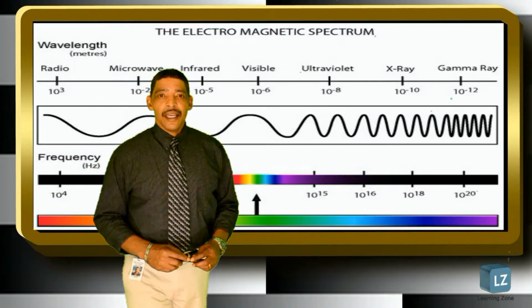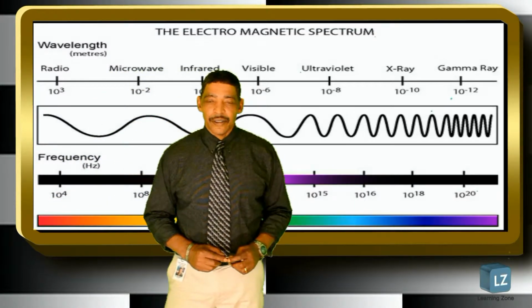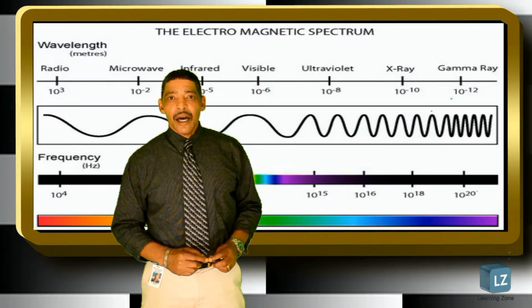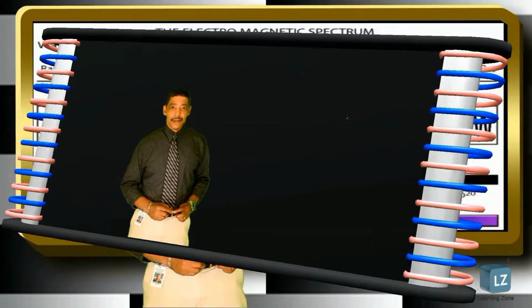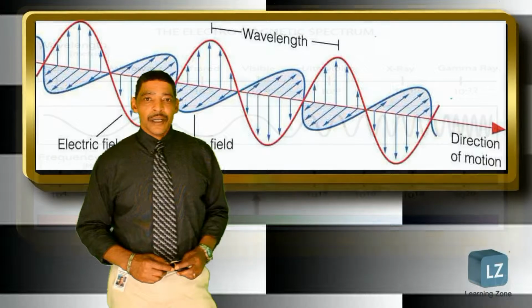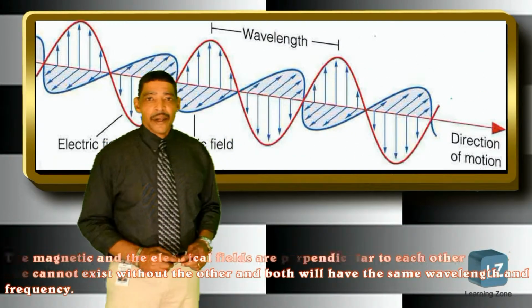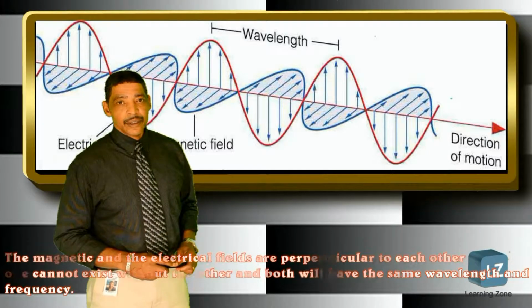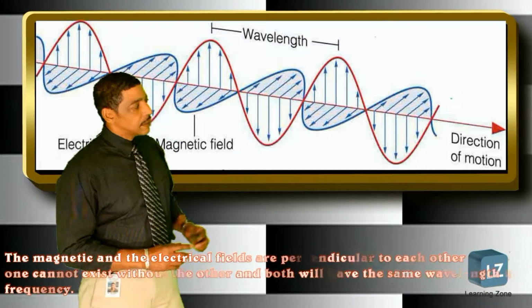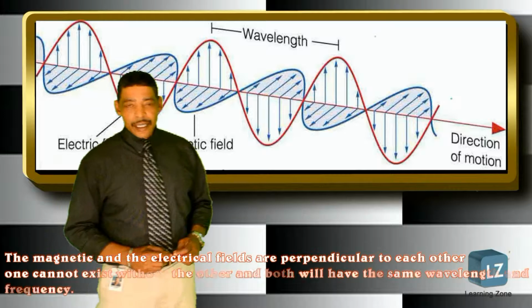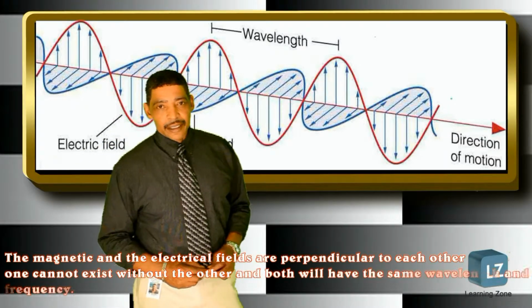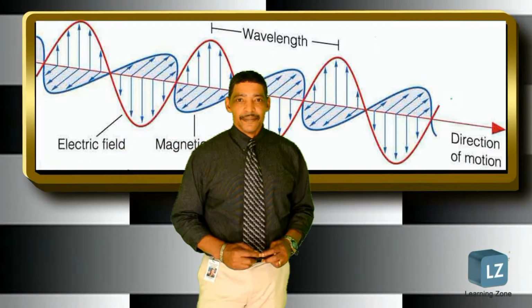This means that the wavelength and the frequency of a wave are inversely proportional. Electromagnetic waves also consist of two field components, an electrical field component as well as a magnetic field component. Thus the name electromagnetic radiation.